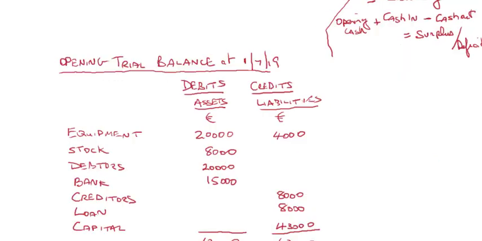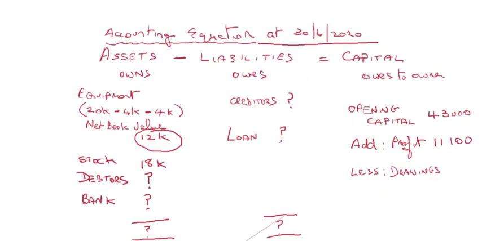What was given to the owner was all the profits, plus some of the capital, so I'll put that in brackets there. Now we add all that up: 43,000 plus 11,100 minus 20,000 comes to 34,100.